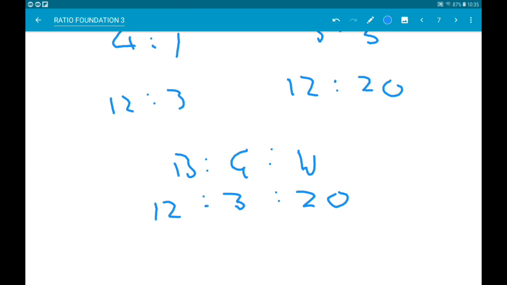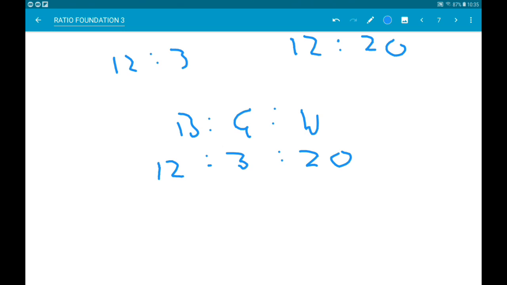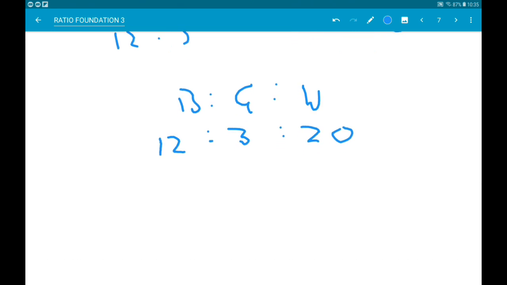Now, altogether, this ratio has 35 parts. 12 add 3 add 20 is 35. Blue and white together make up 32 parts. So our probability is 32 out of 35.